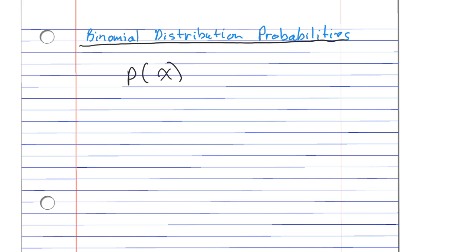So we have the probability of X is given by the total number of things, n, and the subset, i.e. the number of times you actually want to win, is equal to, ready? Our wins, our P's to the X's, and then Q's to the N minus X. So we have a certain number of wins that we're looking for, and based on that, we have a certain number of failures.